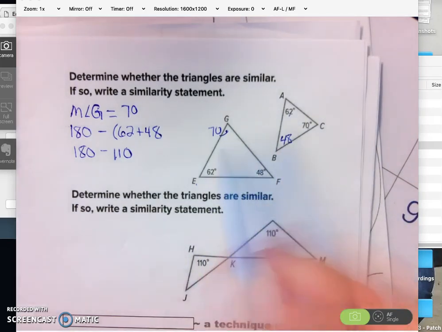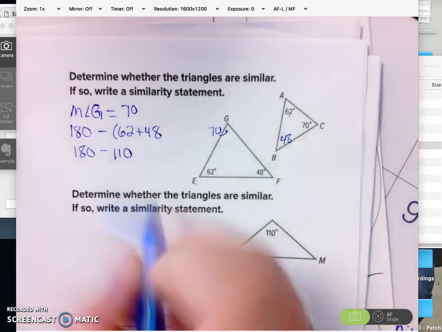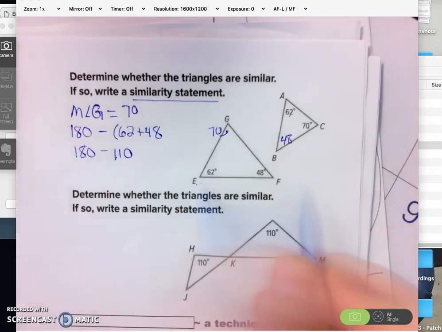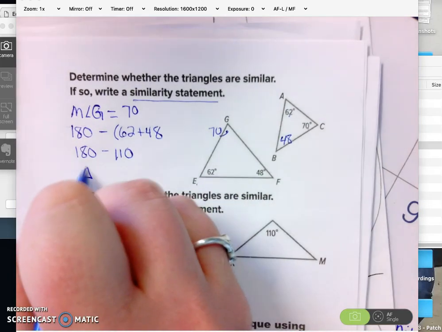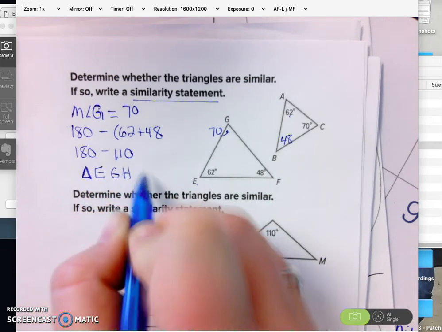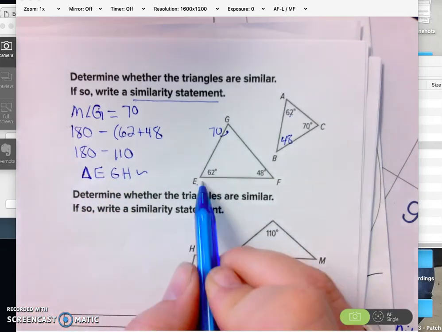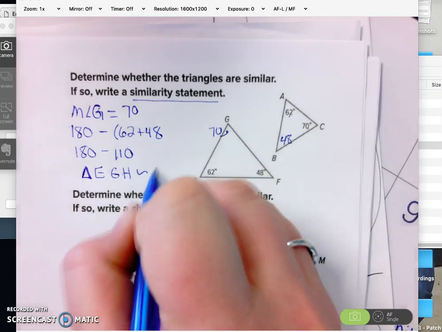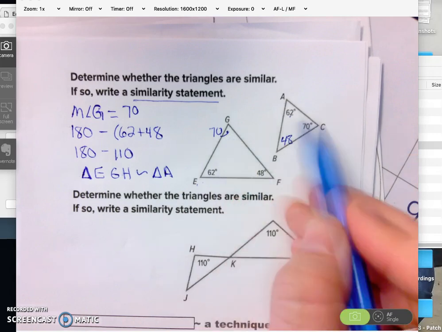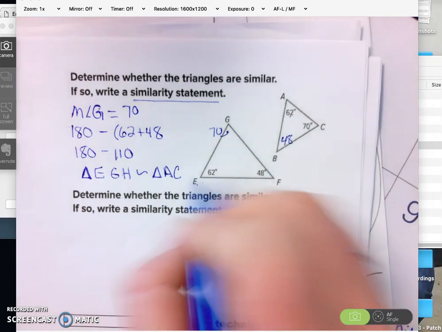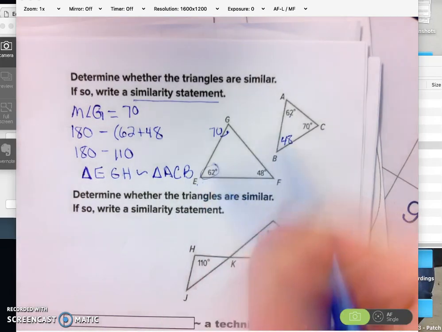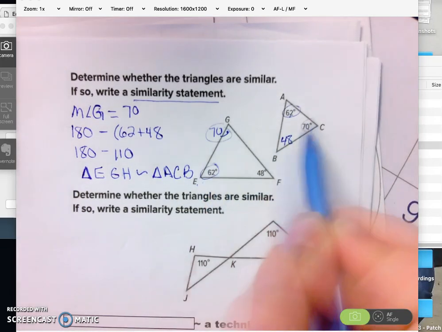So because the angles are all the same, we can write our similarity statement. It doesn't matter which letter we start with. So E, G, H is similar to, so E is the 62, so I'm going to go with triangle A, and then I went to the G, which is the 70, so C, and then B. Okay, as long as I wrote the 62s first, and then the 70s, and then the 48s.